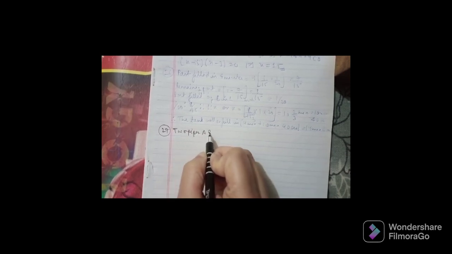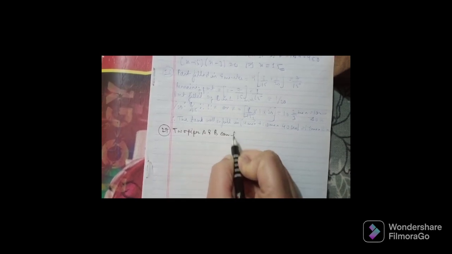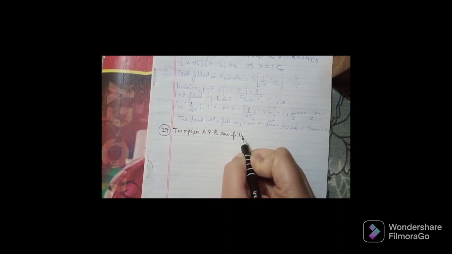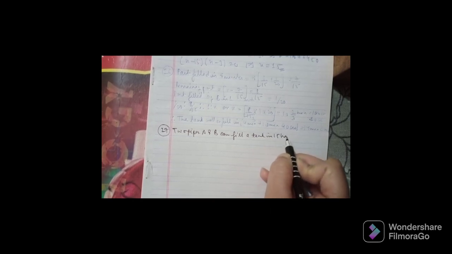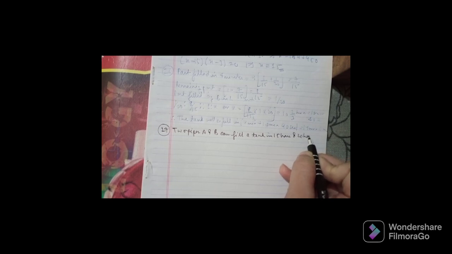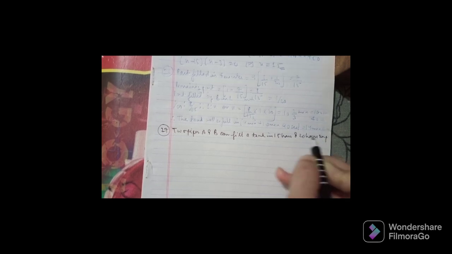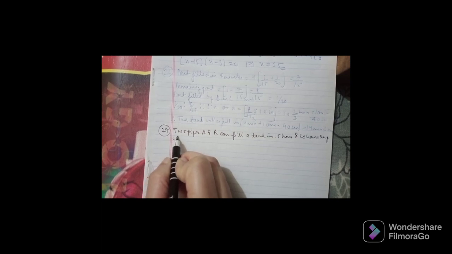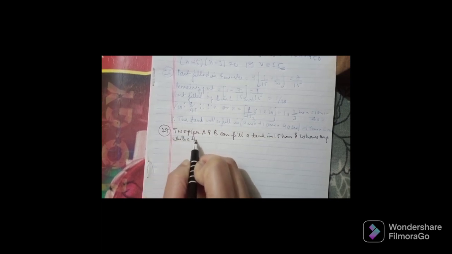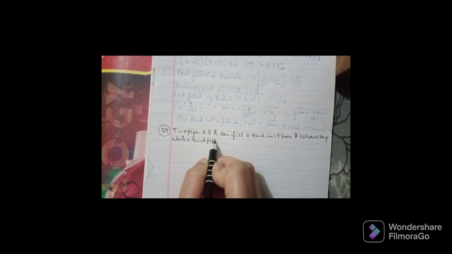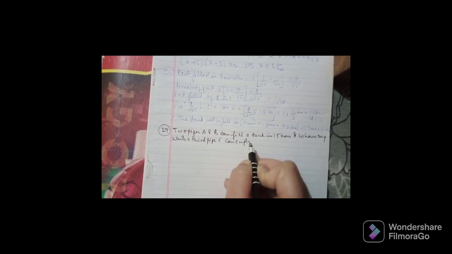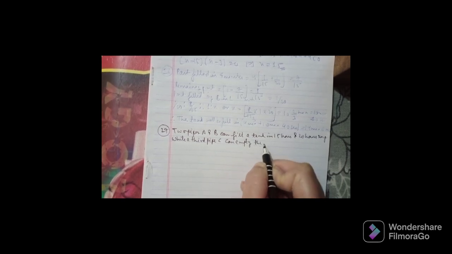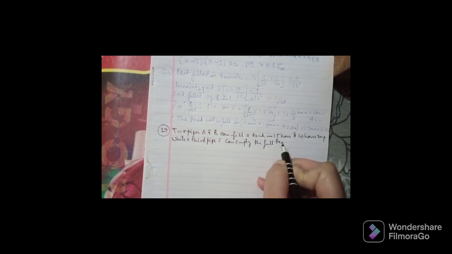Two pipes A and B can fill a tank in 15 hours and 20 hours respectively, while a third pipe C can empty the full tank in 25 hours.